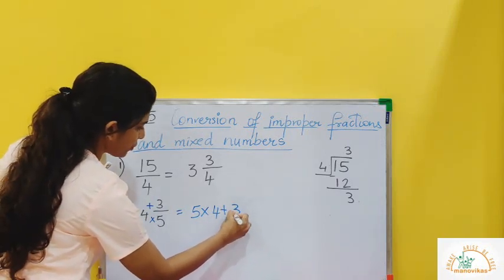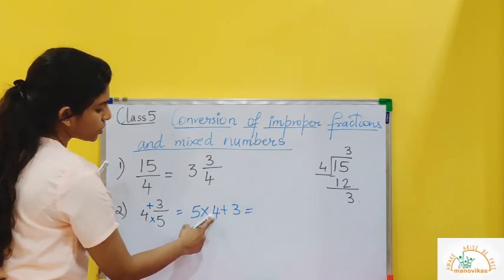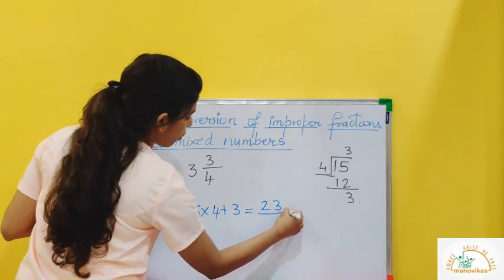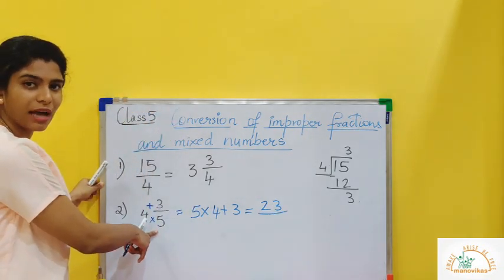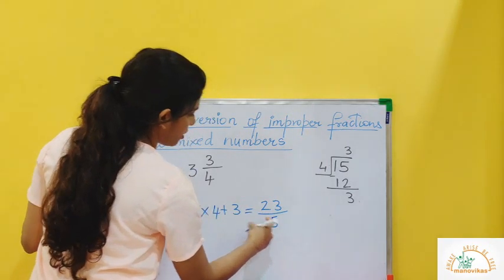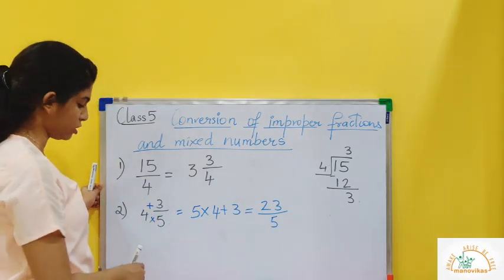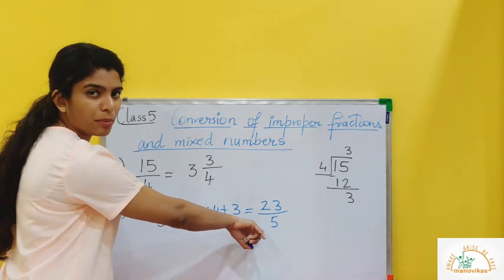plus 3. 5 fours are 20. 20 plus 3, 23. What will be the denominator? Here the denominator will be 5. It will not change. So I will write 5. So 23 upon 5 is the improper fraction. So I converted from a mixed fraction to an improper fraction.